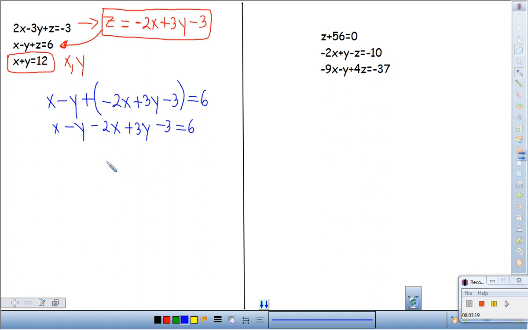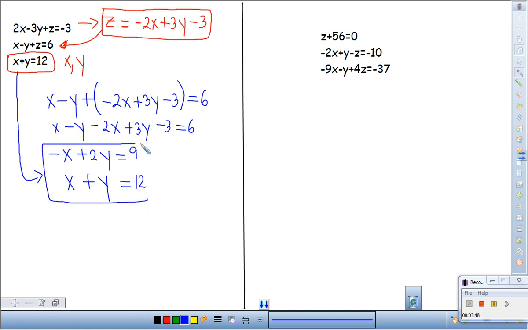Let's collect like terms and simplify our expression. And we have negative x plus 2y. We can move the negative 3 onto the other side and we will get 9. Now I can use my xy equation, so x plus y equals 12. Now I have managed to simplify my system of three equations into a system of two equations.